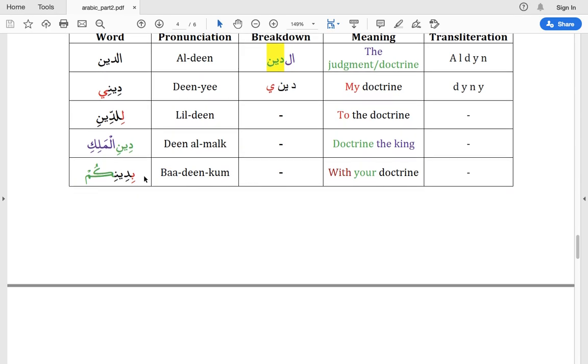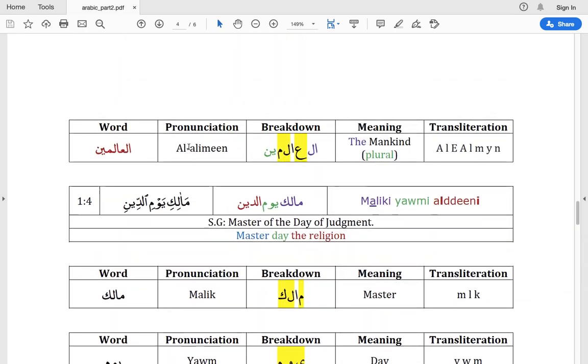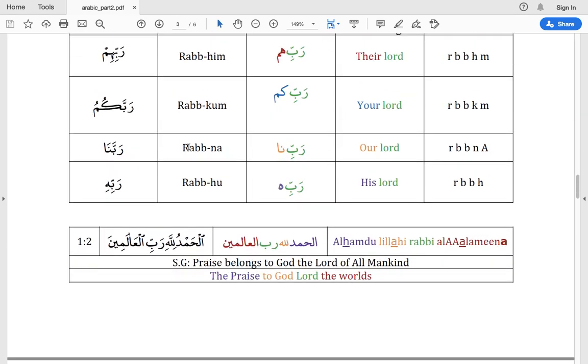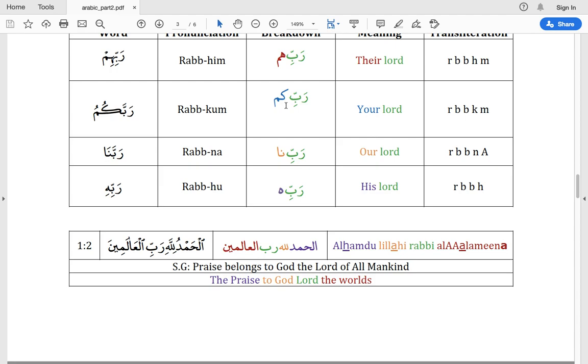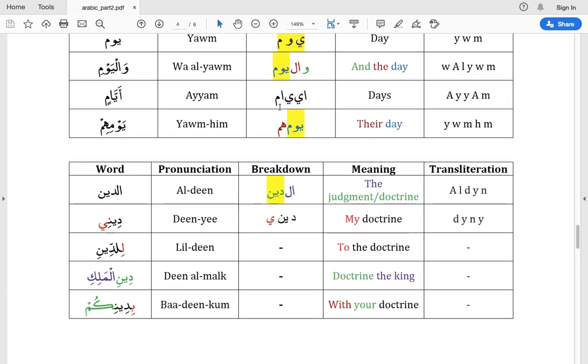Going forward, we have Bi Dinikum, and I broke this down into Ba, Dal, Ya, Noon, Kaf, Mim. If you remember, this Kum we had earlier as well. I gave you one of the examples here. If I can find it, there you go. Rabbikum. So kum was "your". That's what we're seeing here too.